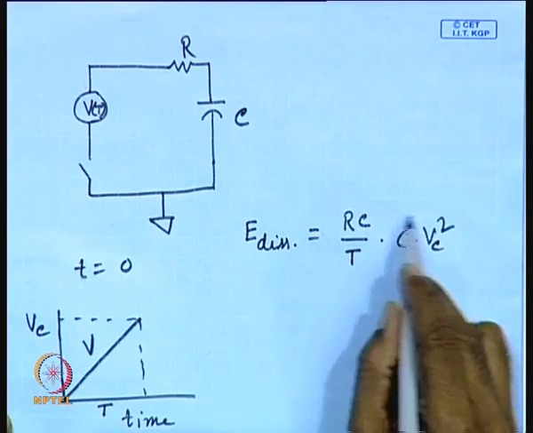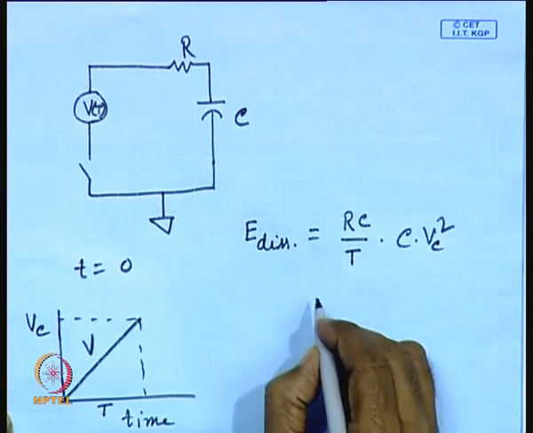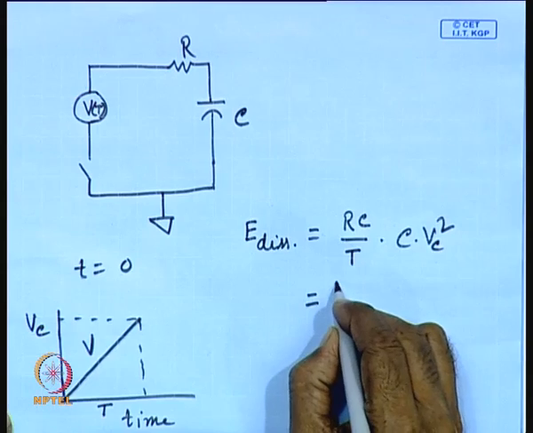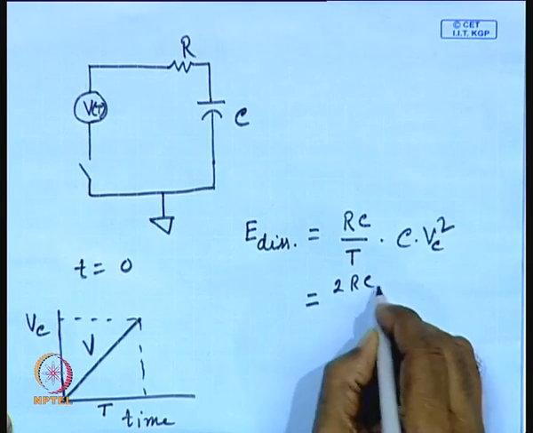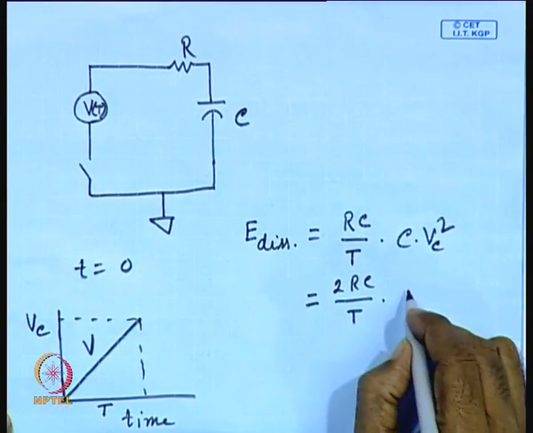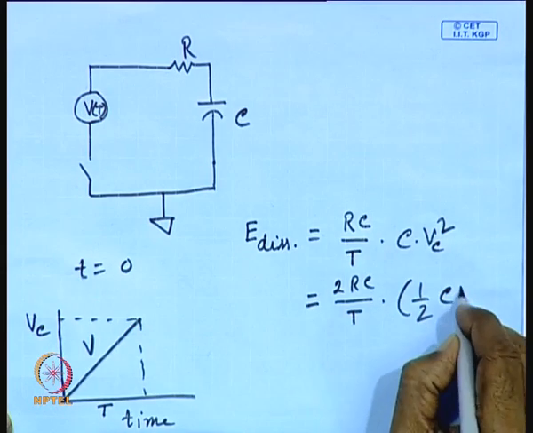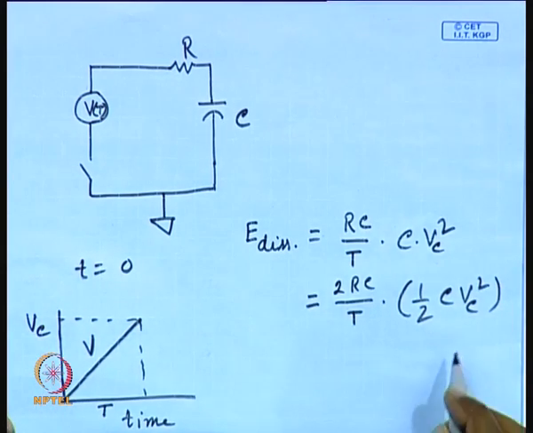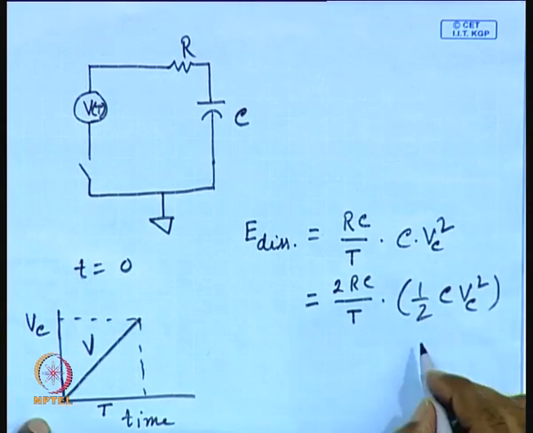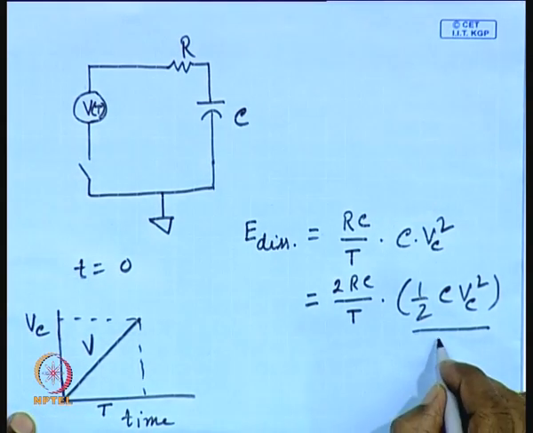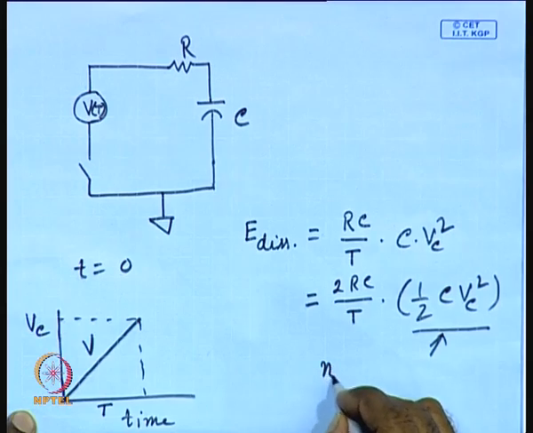So, that will be the equation that we will get. Now, this can be rewritten as 2 R c by T into half C V c square. Now, you note that this is the energy that is being dissipated in non-adiabatic charging.